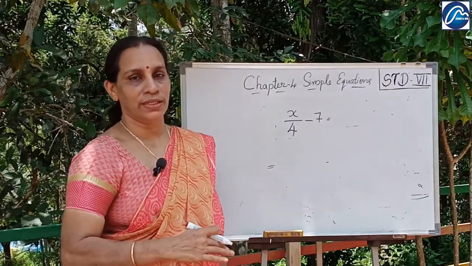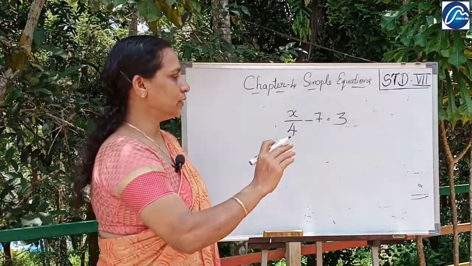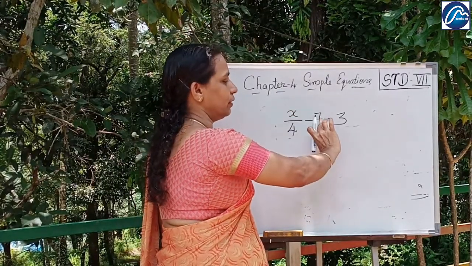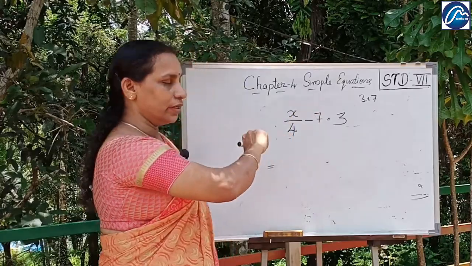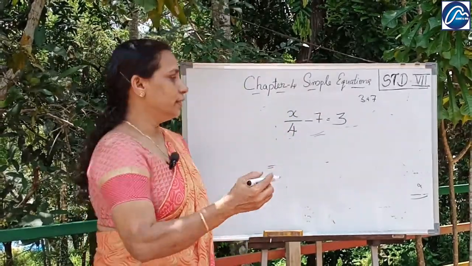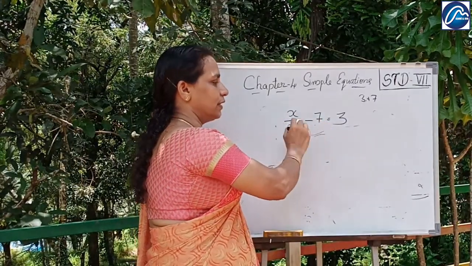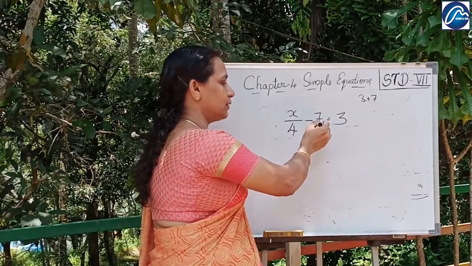Then you will get 3 as the answer, because it is more than 7 from 3. That is 3 plus 7 should be there. We are doing the equation here like this because 3 is 7 less than this number.